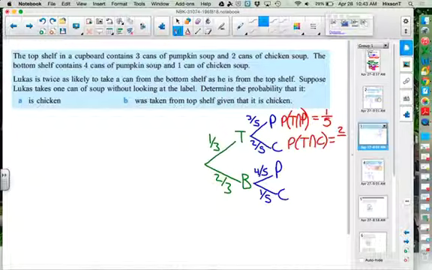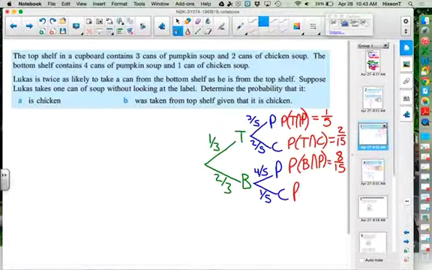Now, does 1/5 plus 2/15 add up to 1? No. What is going to add up to 1? All of them. So we have to do the bottom shelf here too. The probability of picking the bottom and pumpkin is 8 out of 15.